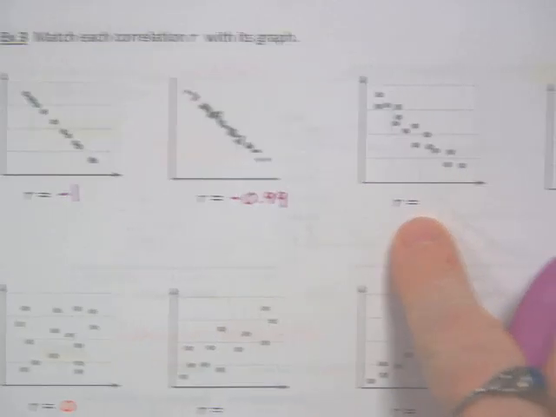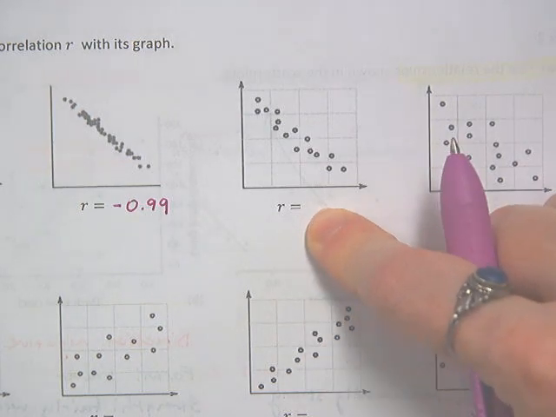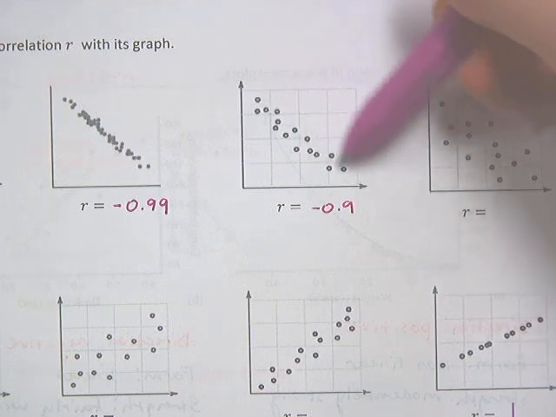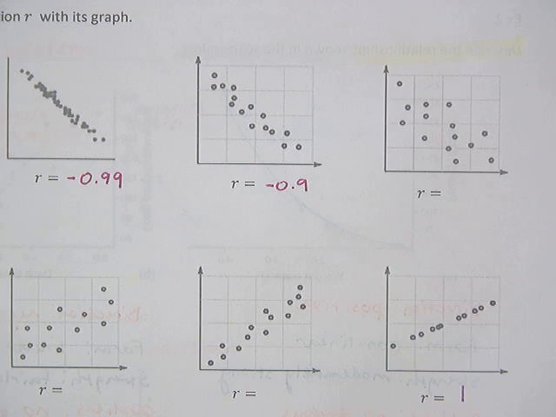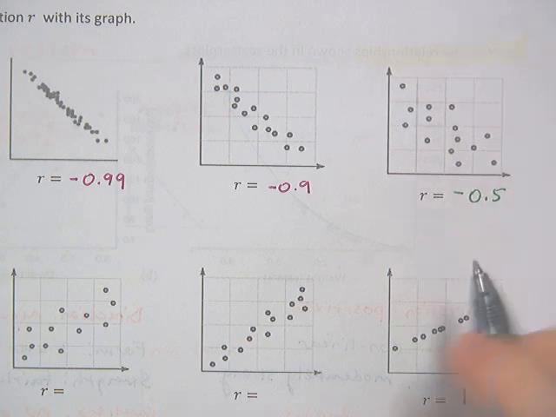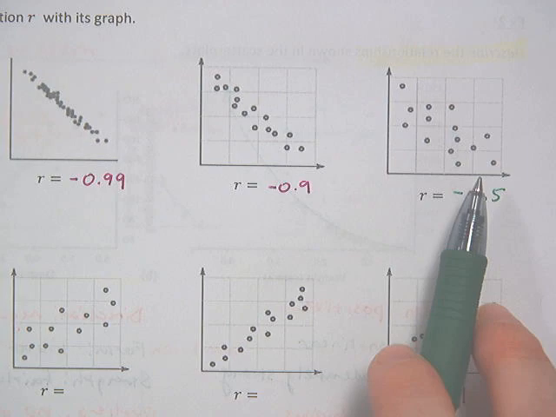What do you think would come next? What do you think I want you to put here? -0.9. So it's still really strong, but it's not as strong as the one before it. And then we get even weaker, but it's still negative. So what do you think would go here? Yeah, this one would be kind of halfway in between perfect and super weak.